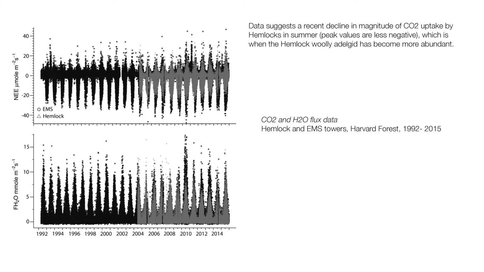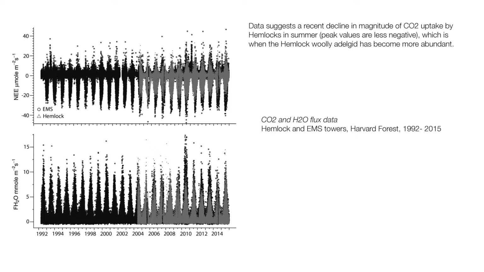This image is from a data archive that records atmospheric composition. This particular chart suggests a recent decline in the magnitude of carbon dioxide uptake in hemlock trees in the forest. That corresponds to the arrival of the hemlock woolly adelgid pest.